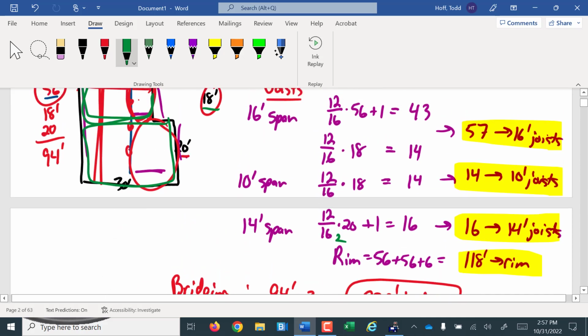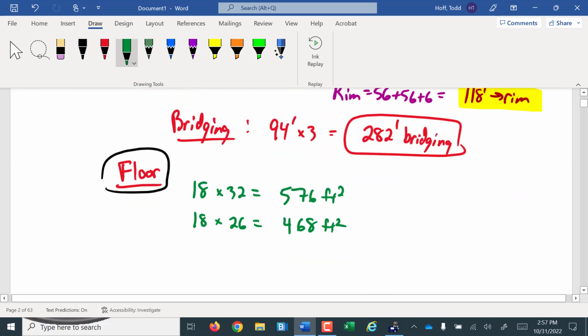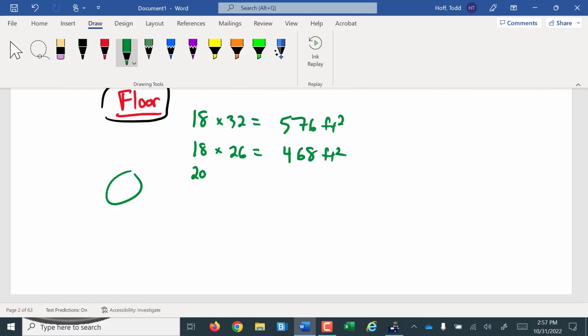And finally, this one is 20 by 30. That one's easy enough. For 600 square feet. We add that all up. 1,644 square feet of area.